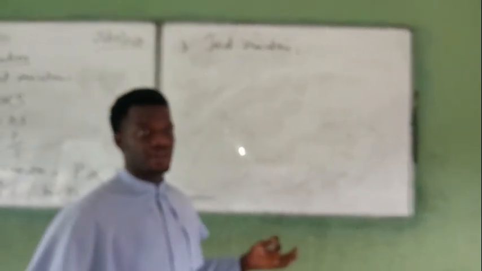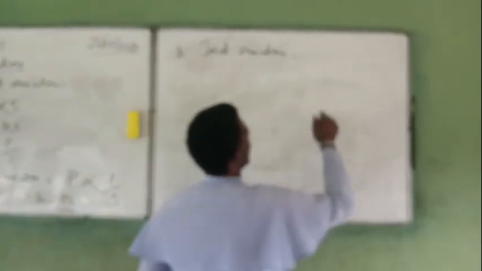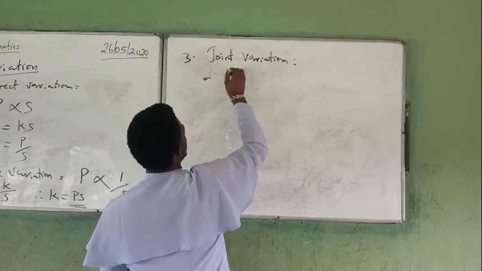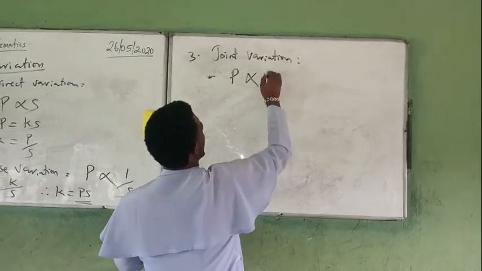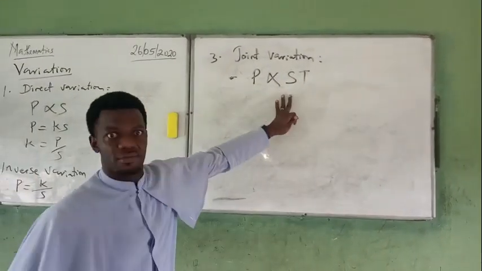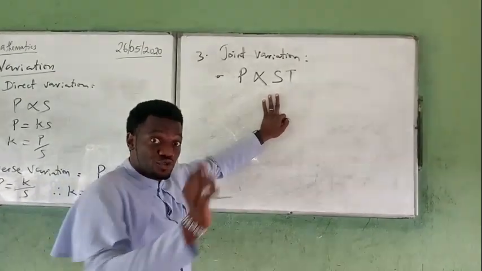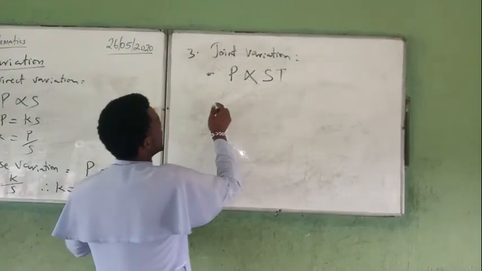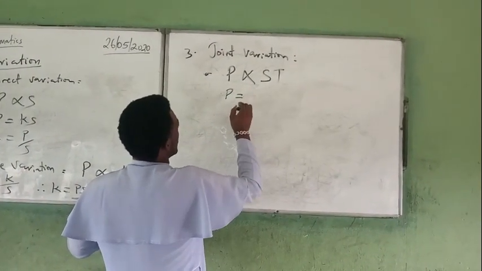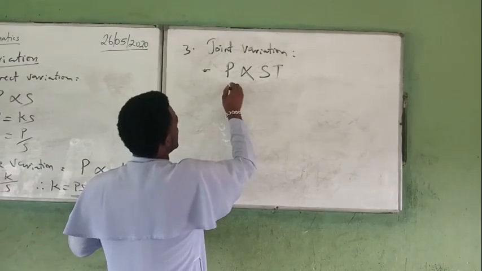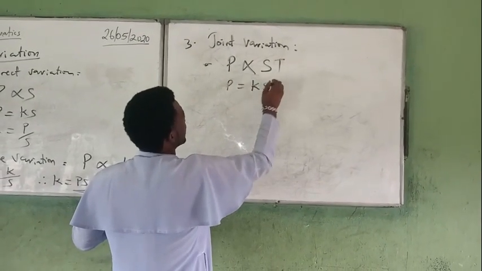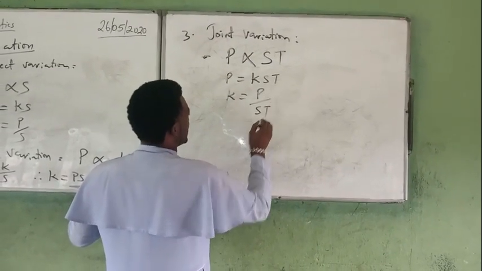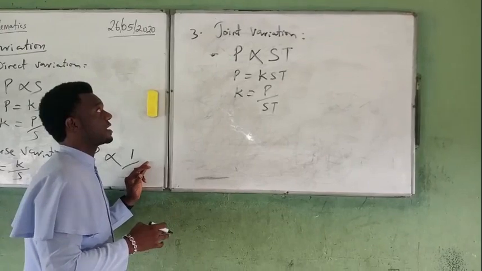So let me say P relating with X and T. So we can say joint variation, the first aspect of it is P varies directly as XT. So P varies directly to 2 quantities, X and T. So finding K here now, we say P is equal to KXT. Therefore, our K now will be P over XT. This is the first type of joint variation.